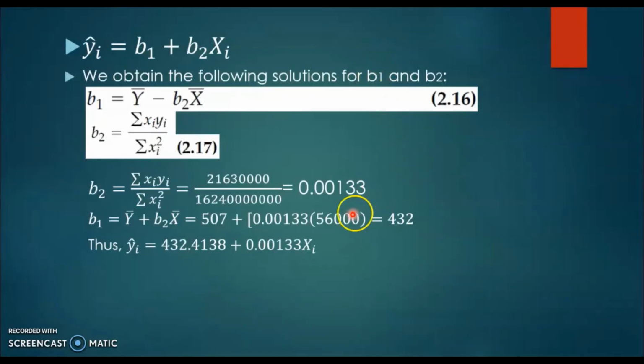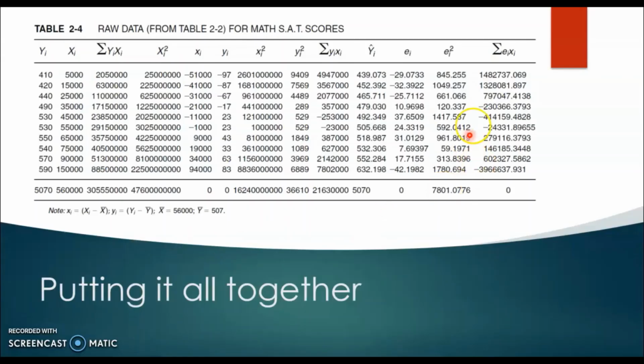Because if you are using simply 2 decimal points or 3 decimal points, for example, then the figure that you will get for y cap, or the predicted y, is not going to be exactly the same, but it will be relatively similar to 439.073.